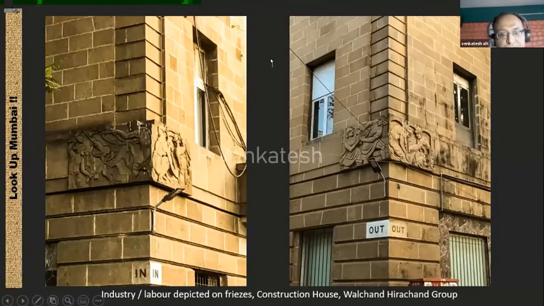But then this building is important. As we walk along, this is Walchand Hirachand's construction house. This is very important. This is an Art Deco building here, and I want to touch upon Walchand Hirachand in a very important way. He actually takes the lead in sending a big ship to UK at his personal risk, because the British were not happy with Indians sending ships on the high seas.